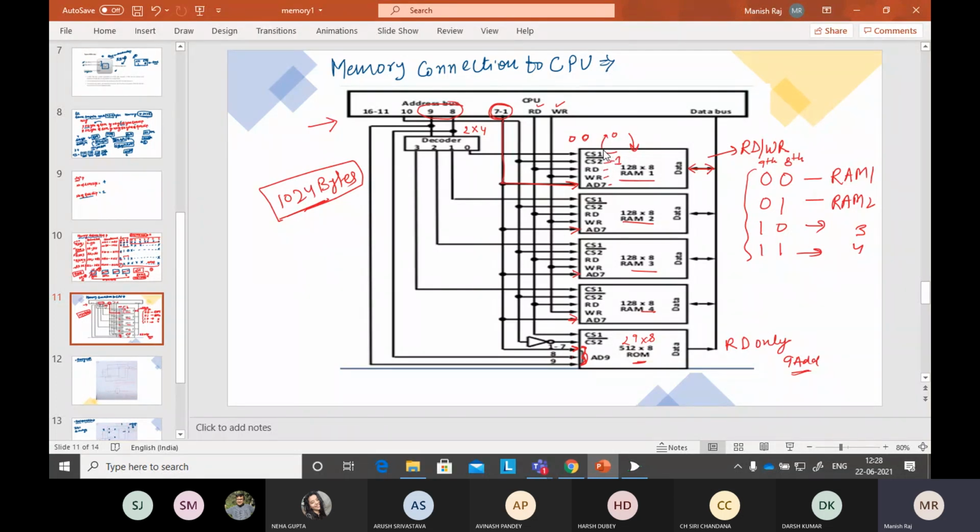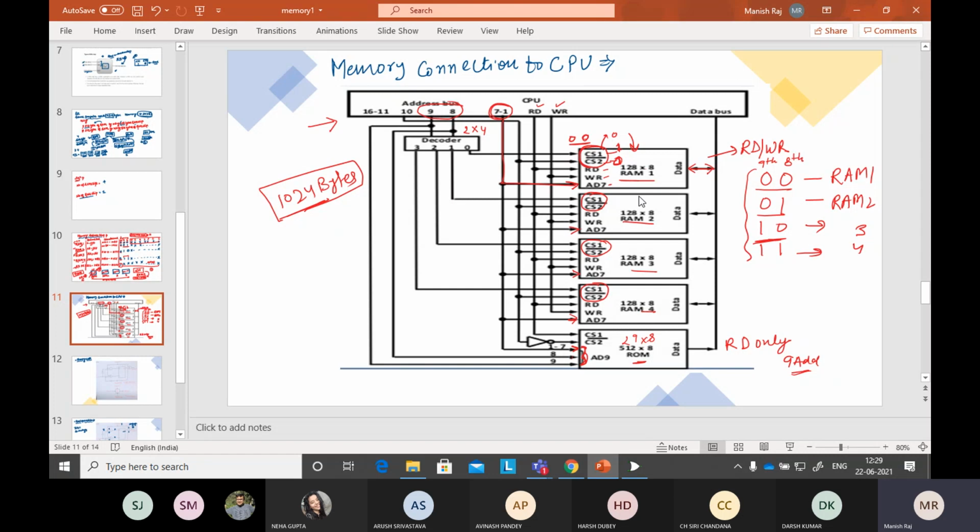Selecting the chip means you are enabling this part, so remember this thing. If you are selecting 0 0, it will reach like this is 0, this is 1, and this is 0, so you will select this chip only. When you are putting 0 1, then this will be enabled. When you are choosing 1 0, then this will be enabled, and when you are choosing 1 1, then this will be enabled.